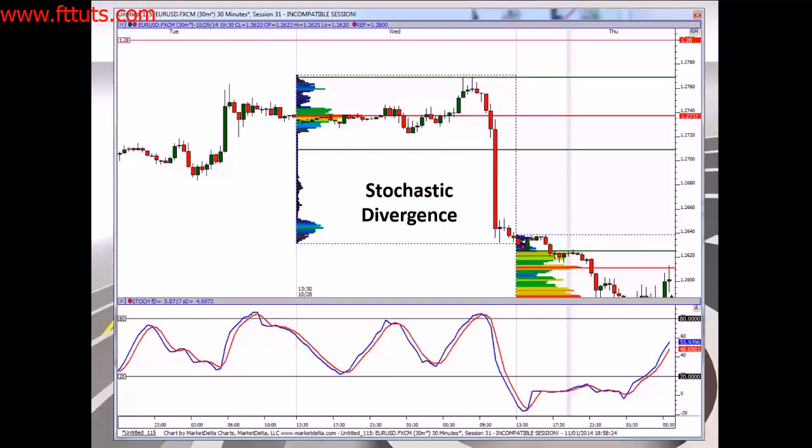And so what we're going to look at is a stochastic divergence. Before I talk about the stochastic divergence, let me just take a moment to talk a little bit about the stochastic itself, just in case someone is not familiar with what a stochastic is and how the stochastic generally works.